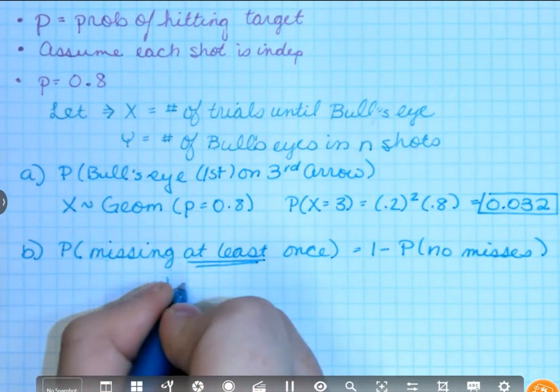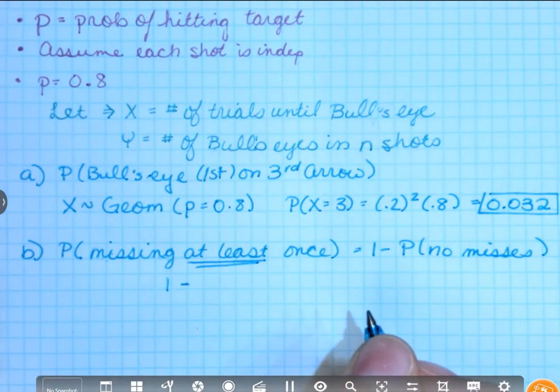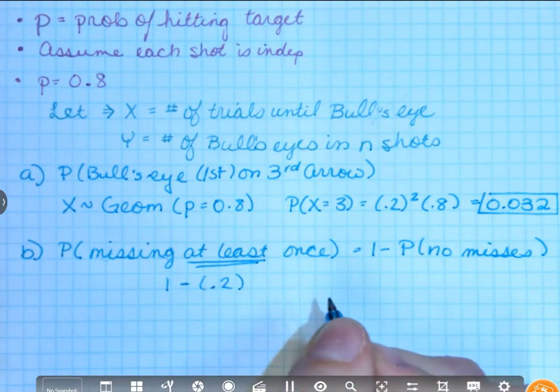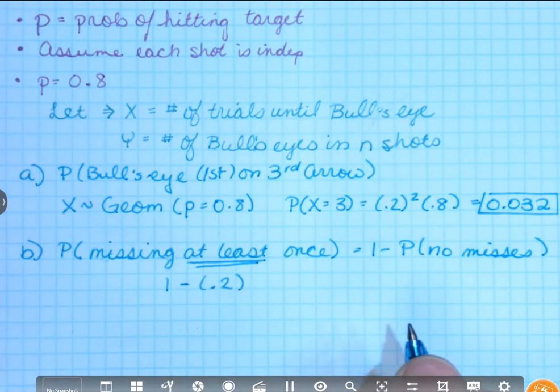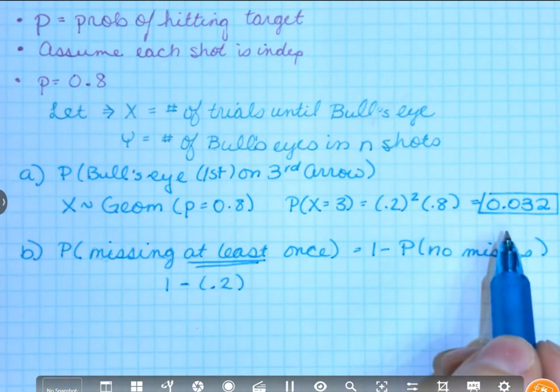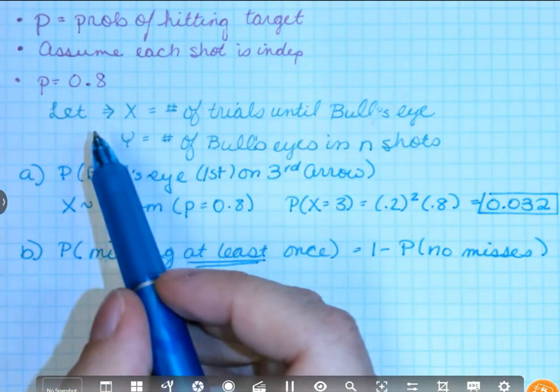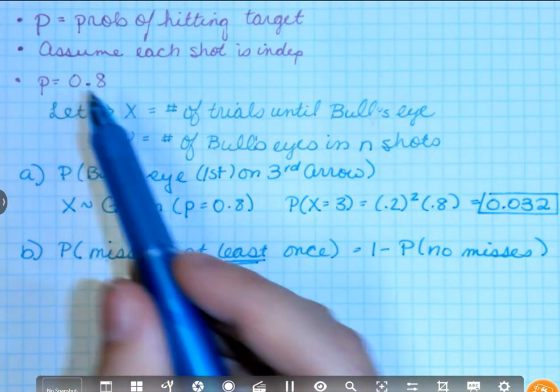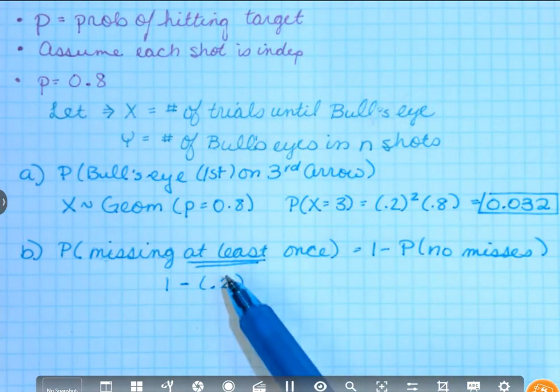So that's going to be 1 minus what? 0.2. And we were doing 6 shots. No misses. The hit is 0.8. So no misses is, a miss is 0.2.